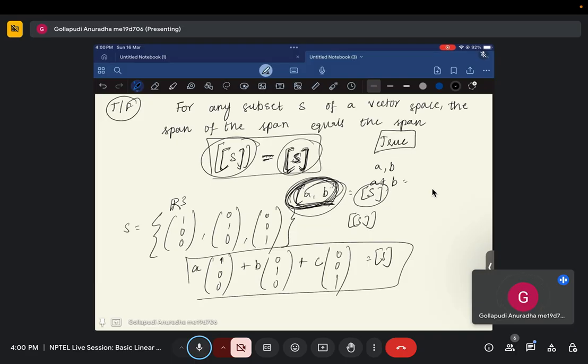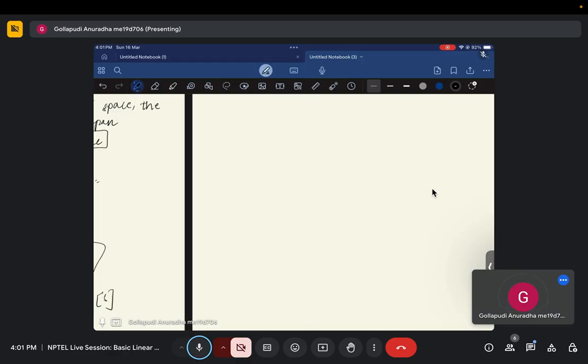Okay, so now suppose I take a vector like this, with A1, B1, C1. This is in the span of S. Agreed, no?